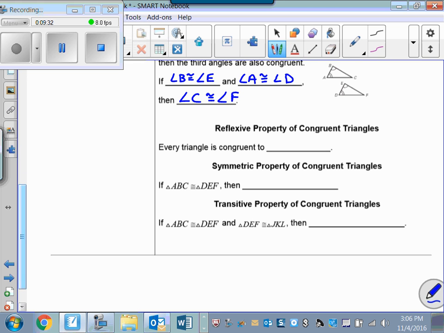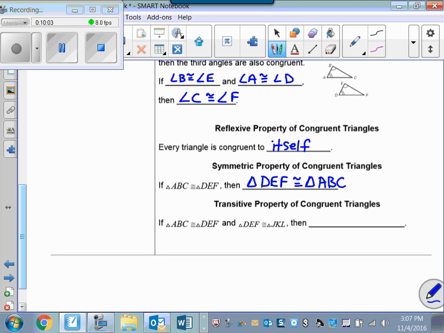All right, now we have some congruence properties of triangles, just like we had for angles and segments. Every triangle is congruent to itself. We know that because of the reflexive property of congruent triangles. If triangle ABC is congruent to triangle DEF, then triangle DEF is congruent to triangle ABC.